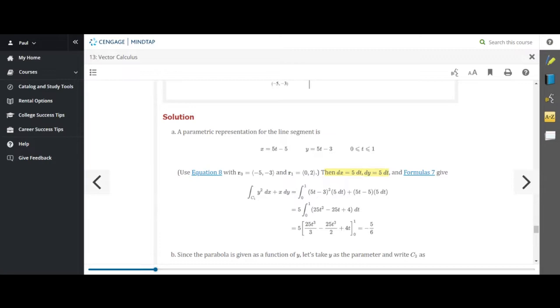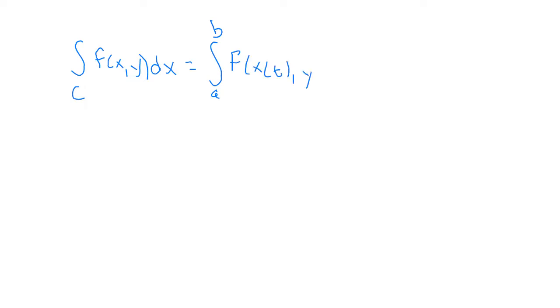Let me go back to the whiteboard real quick, because I'm trying to fill in some details for you so you're comfortable with this section. Let's take the line integral with respect to x. That's equal to the integral from a to b of f(x(t), y(t)) times x prime of t dt.